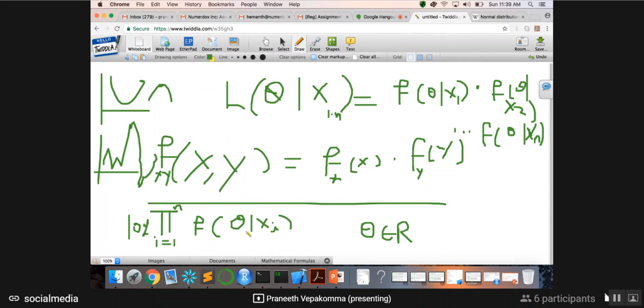They come up with the log likelihood function and apply the logarithm to it, so the product becomes a set of sums. So you have a sum of log functions: log of the likelihood of theta given x1, plus log of the likelihood of theta given x2, and so on.